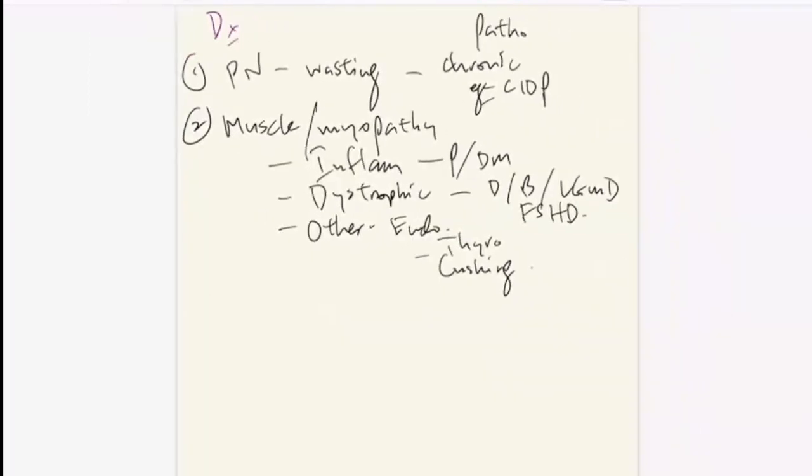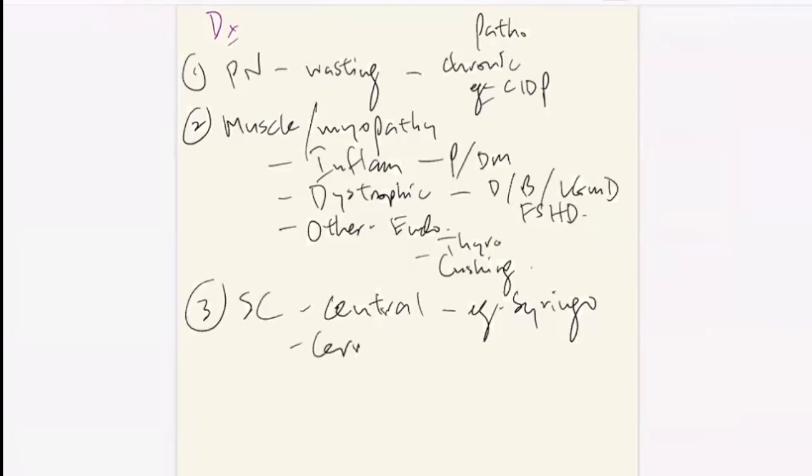All right. Whereas for spinal cord, we know that these are either central cord syndrome, and one of the common examples is syringomyelia. Or if it's not central, if it's the whole cervical cord, like in transverse myelitis, multiple sclerosis, NMO.